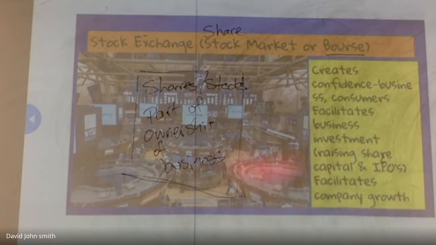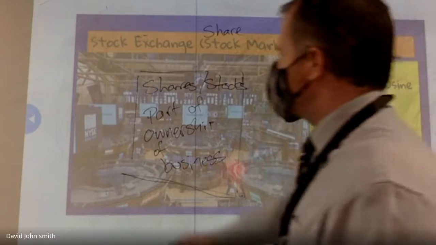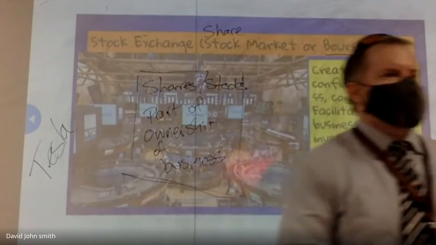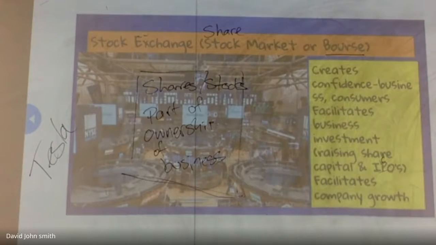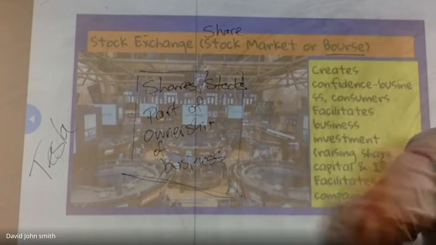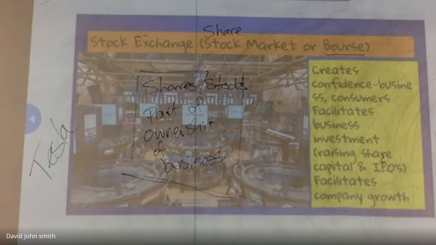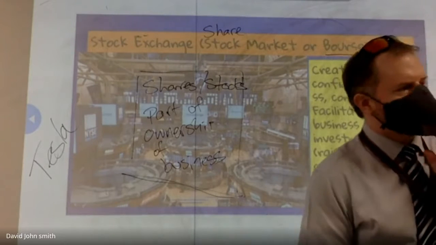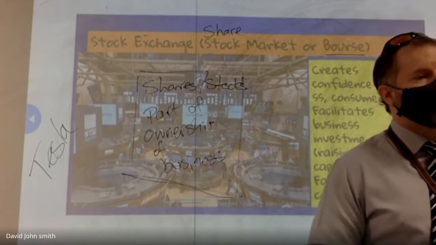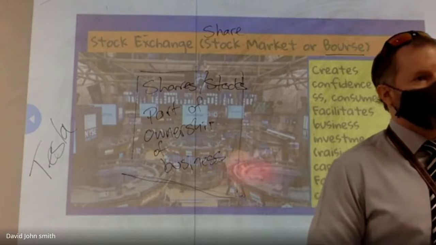So if you've been keeping up with the news of late, you'll be familiar with this company. Tesla Motors. That has become quite a large company. So much so that the CEO of Tesla Motors, a gentleman called Elon Musk, over the last year or so, has earned so much money that he is officially now the wealthiest person in the history of the world.